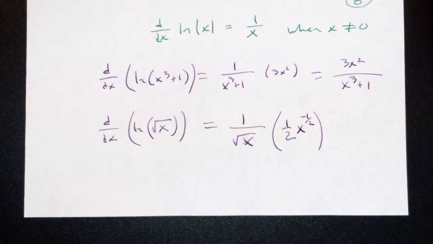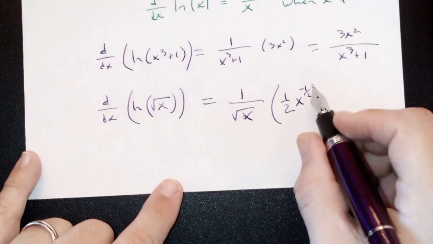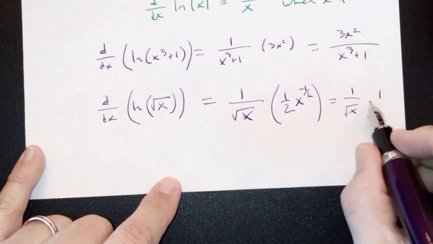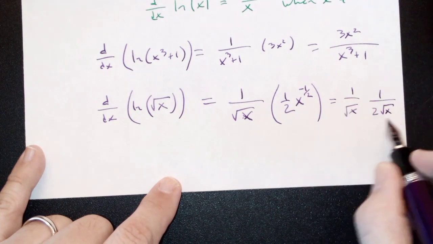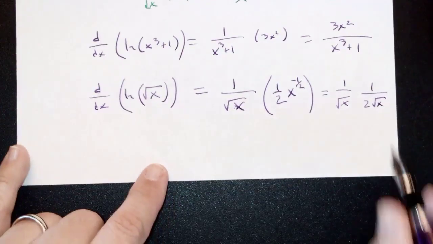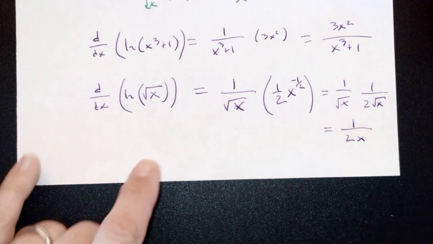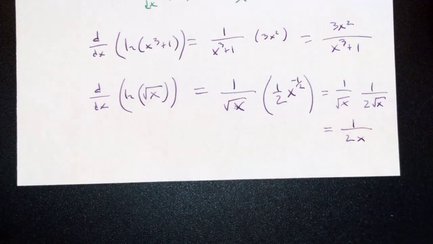Square root of x is x to the 1/2. So I write it like that. Wait a minute. A negative power goes in the bottom. And a 1/2 power is a square root. Square root times square root, that's an x. Man, that seems pretty lame. The square root just kind of vanished on me.